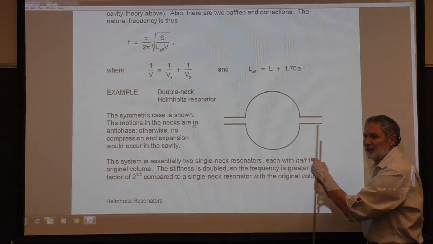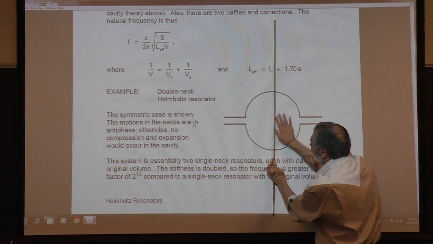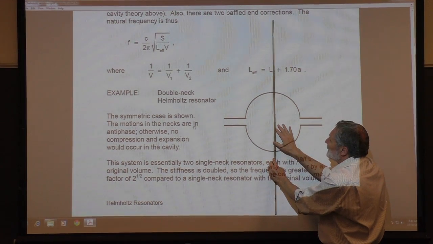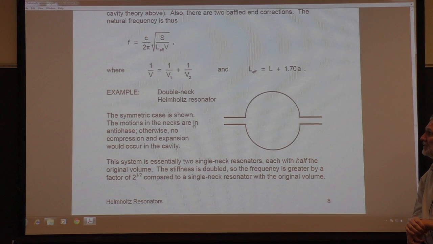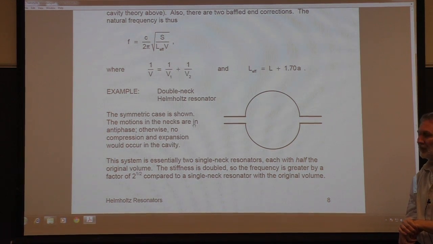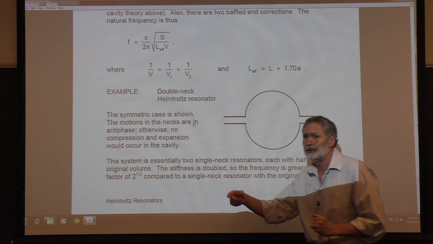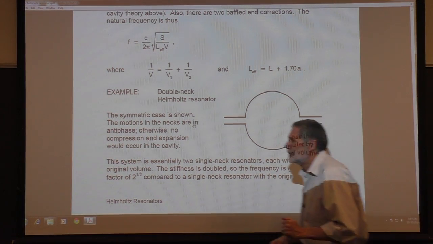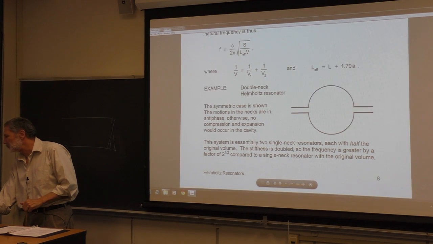They're going at the same frequency. The frequency of this will be the same as the frequency if I cut this in half. So I've halved the volume. I've doubled the stiffness. So the frequency will go up by the square root of 2. Because remember, there's a square root. Oh, I've erased it. Omega is the square root of the stiffness divided by the mass.